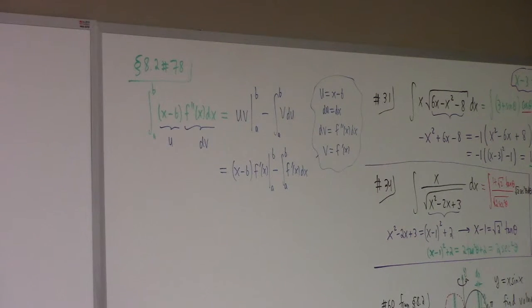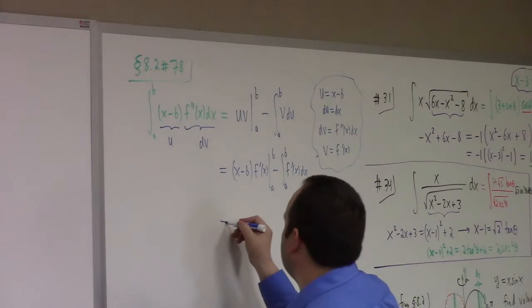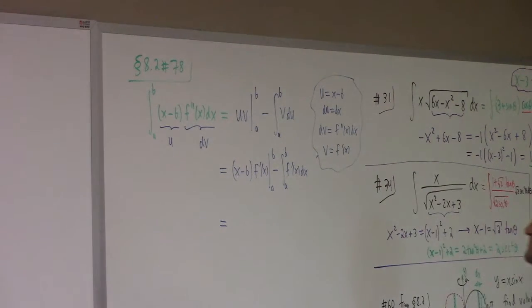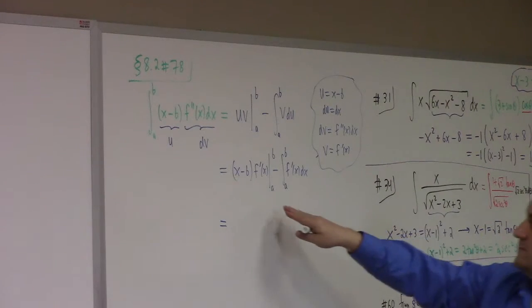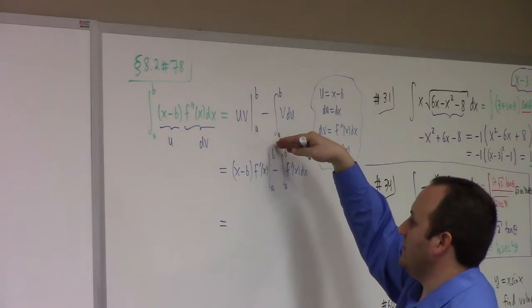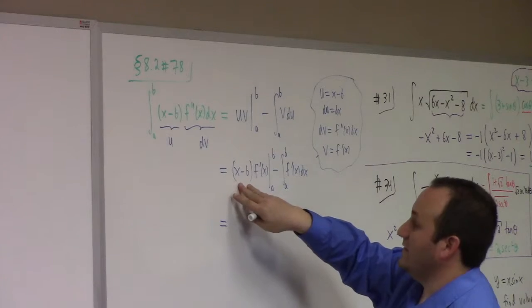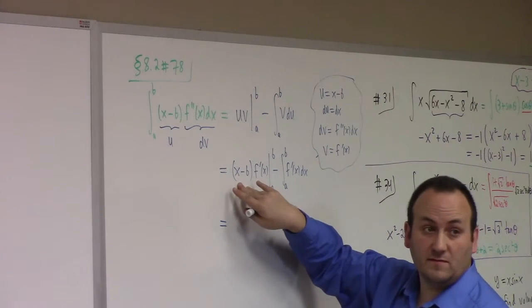I'll write one more step for you, since I wrote one more step for the other section. What is this? You evaluate. What happens when you take the upper evaluation? We get 0 because we get b minus b, which is 0.